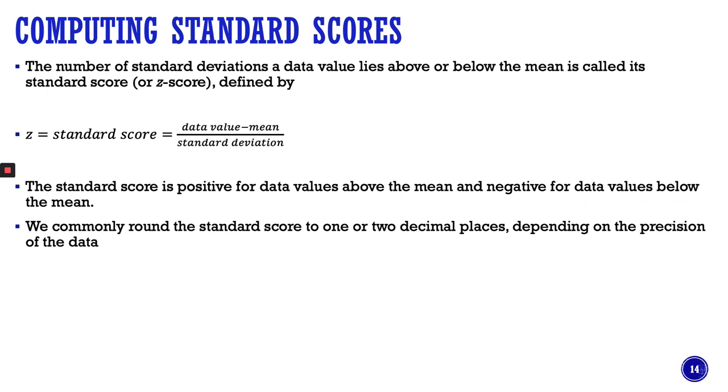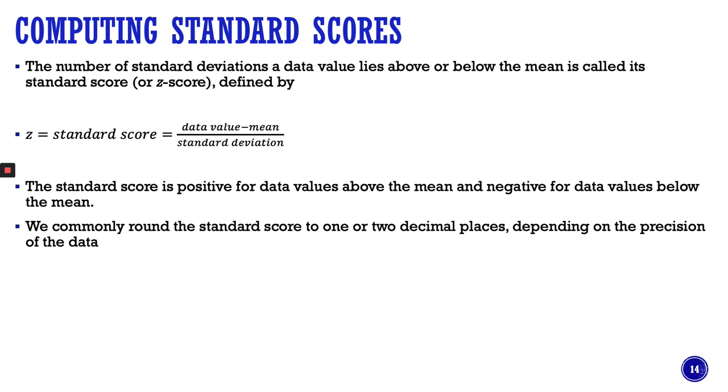So to compute a z-score, or they're calling it standard scores or z-score, either one works. The number of standard deviations a data value lies above or below the mean is called its standard score or z-score. I will probably refer to it more as the z-score.